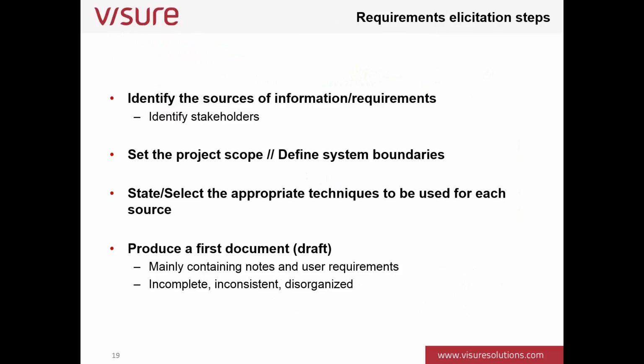We have to identify the sources of information or requirements, all the authorized sources of requirements, and as part of this, we will be identifying the stakeholders. We must also set the project scope or define the system boundaries. Those 2 activities must be performed at the beginning.